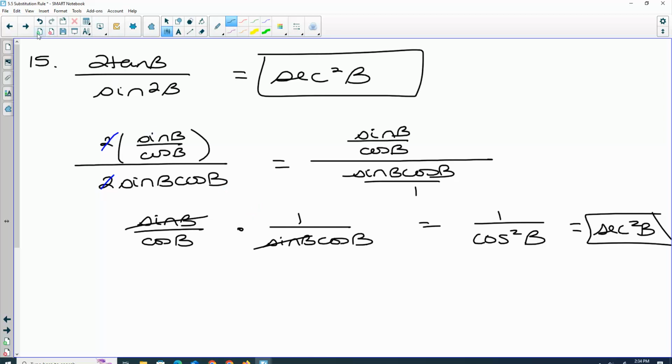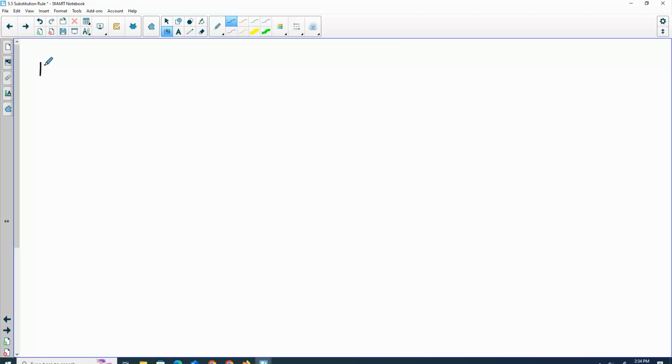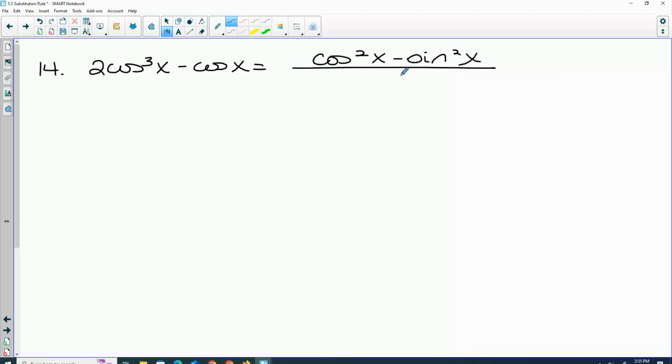One more proof here. What'd you box in? So again, there are options on this problem. What are your thoughts?